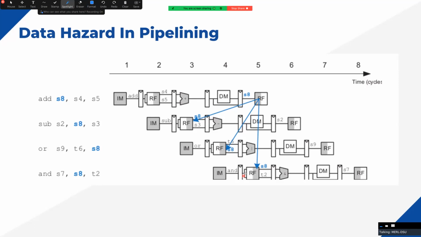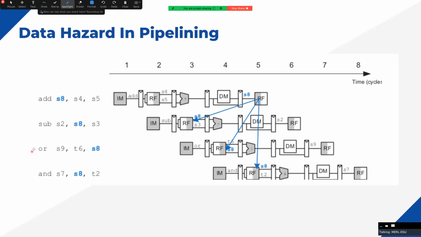So this is, I guess, the basic overview of how the data hazard occurs. You can see from the code as well that this is also known as a data dependency: my next instruction is dependent on my previous instruction. My subtraction instruction is dependent on my add instruction answer.